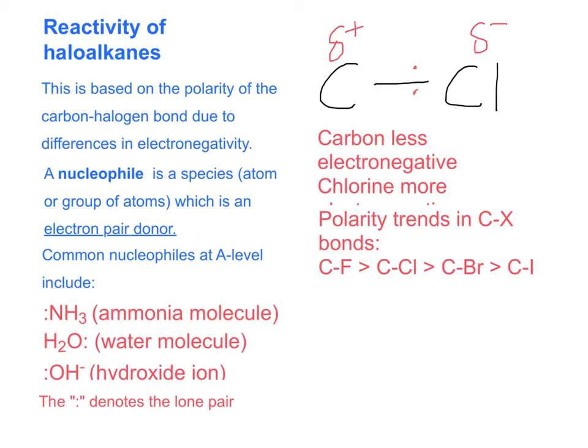So the little colon that I've drawn next to specific atoms represents the lone pair that that atom, as part of the nucleophile, brings to the reaction. So we're going to look at a mechanism now called nucleophilic substitution. And that, as you'd imagine, is where a nucleophile substitutes for another atom or group of atoms on a molecule.